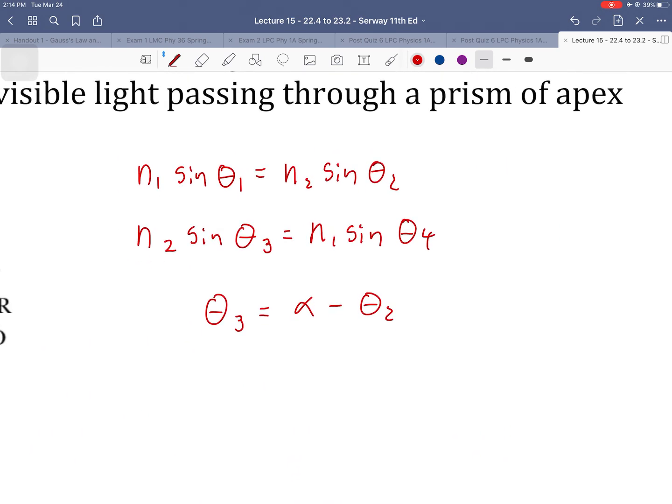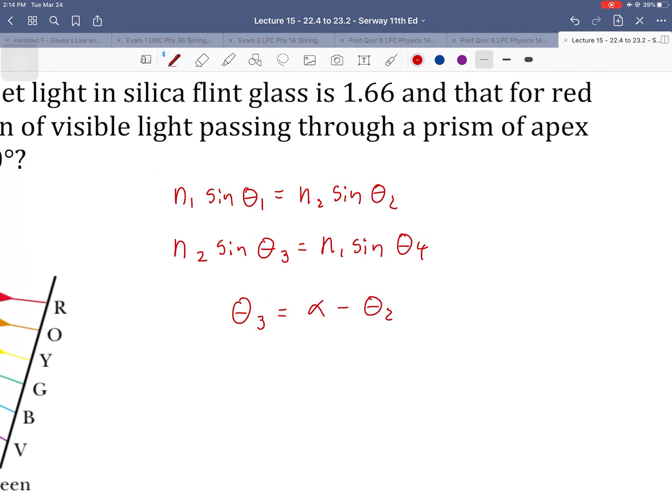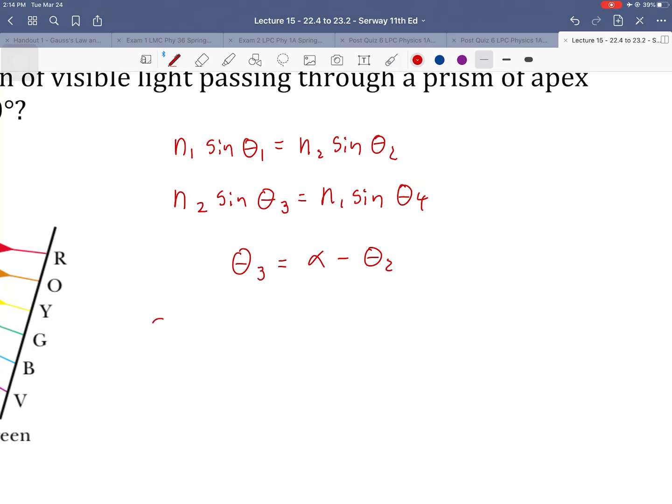Okay, and so then we want to think about how we'd solve for theta 4. So we can do this algebraically, and we say, okay, well then theta 4 is going to be n2 over n1 of sine of theta 3, all inside an inverse sine function.